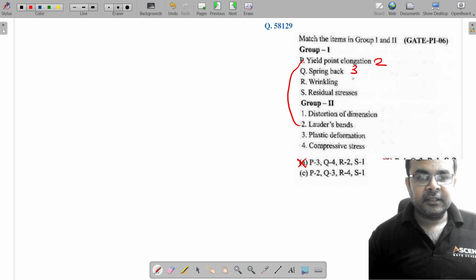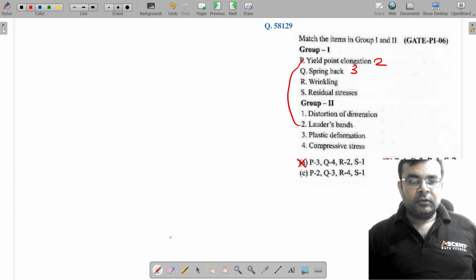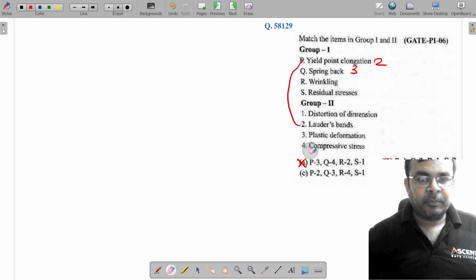And wrinkling mainly happens in distortion of the dimension or compressive stress. So actually, these are not appropriate answers. We don't have any appropriate options.